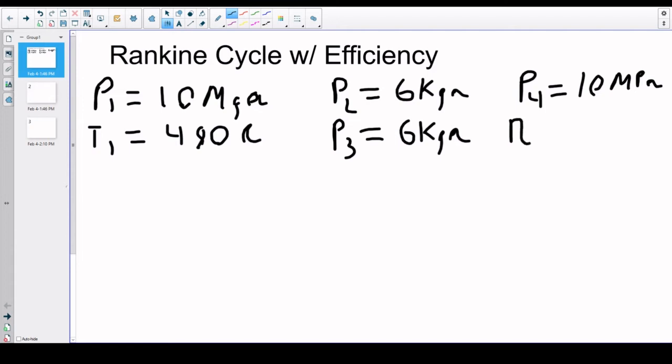And then we have the efficiency of the turbine, which is 0.8. The efficiency of the pump, which is 0.7.